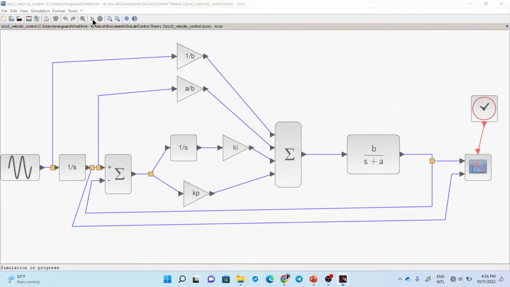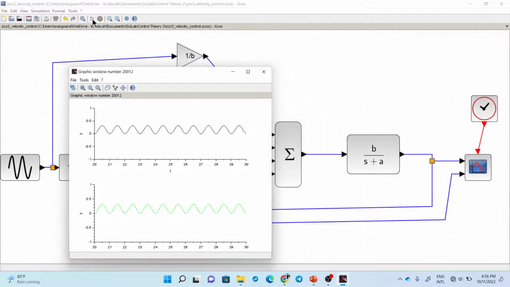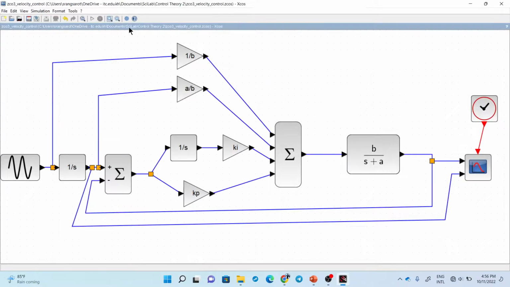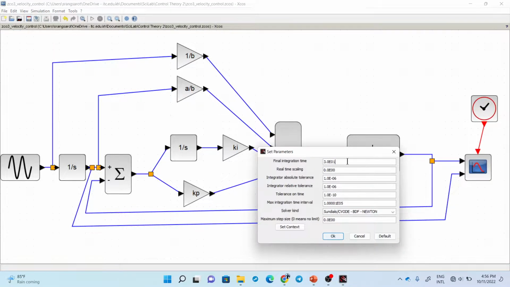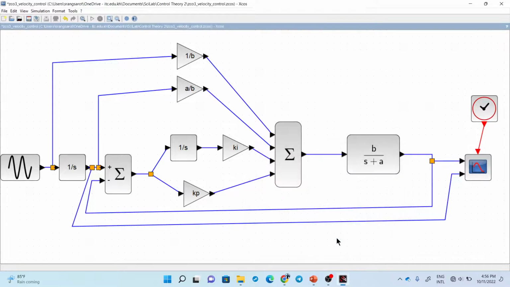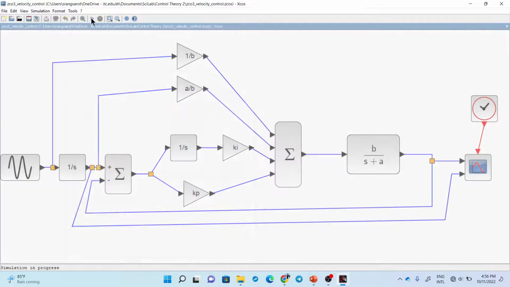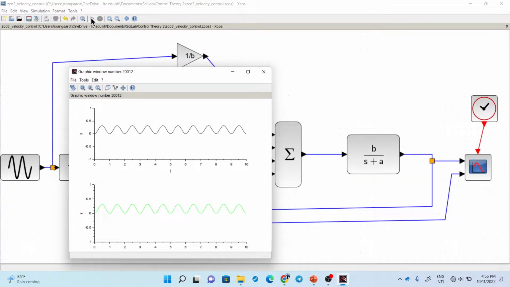And then let's see the result. Okay, 30 seconds. I need to change simulation time in here. Only up to 10 seconds. And run again.